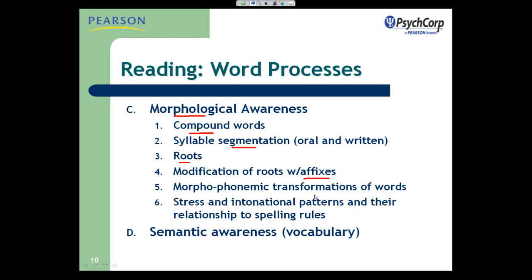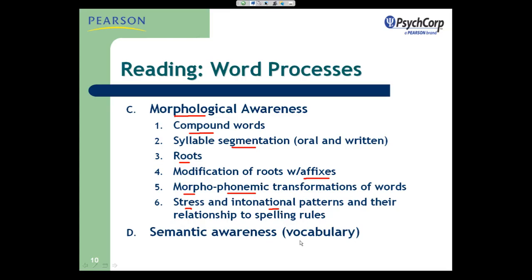You should also be able to transform morphological components to the sounds and put those two together to name words. And then also stress and intonational patterns and their relationship to spelling rules are important.